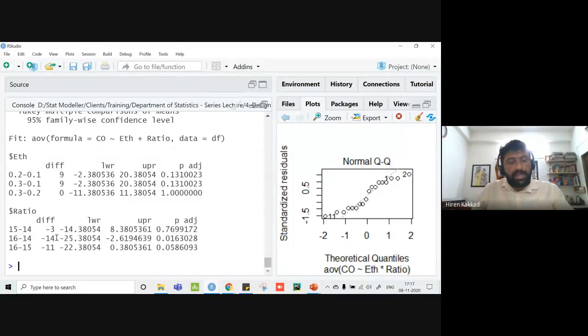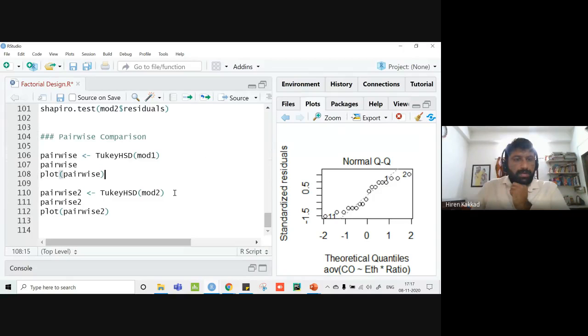There is a significant difference between ratio level 14 and level 16. If you strictly stick to 0.05, we can't go for this, otherwise it is near where you can reject the null hypothesis.